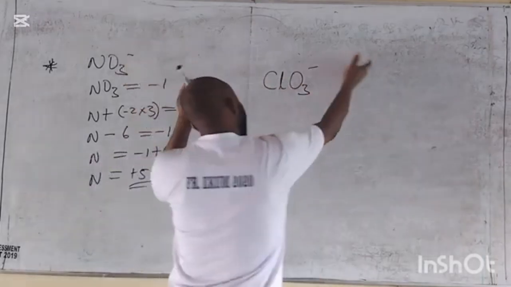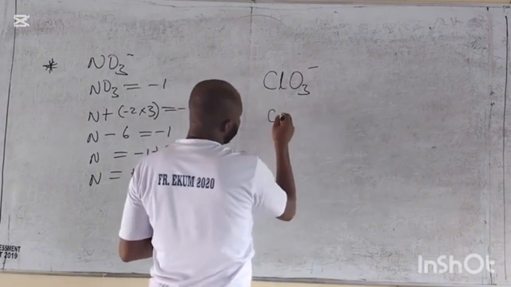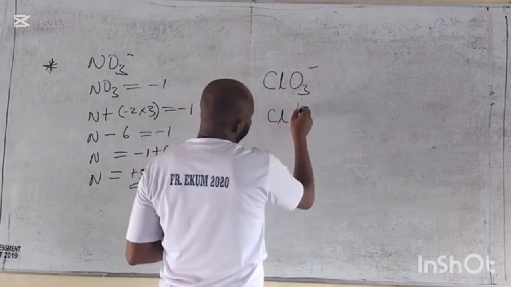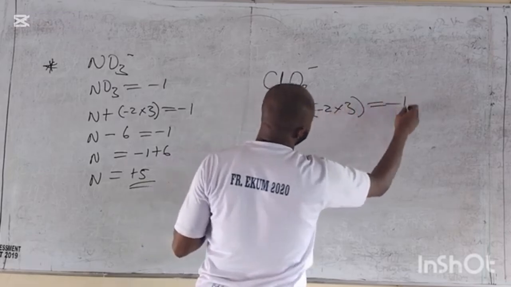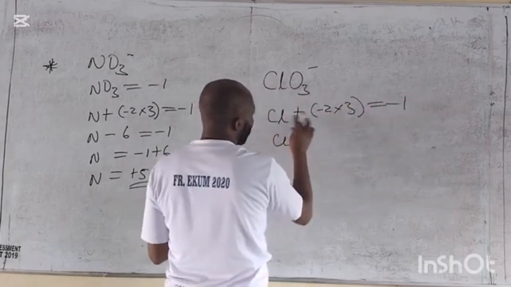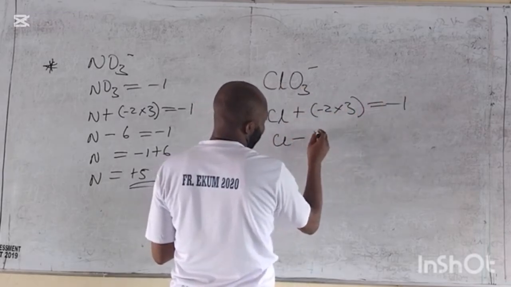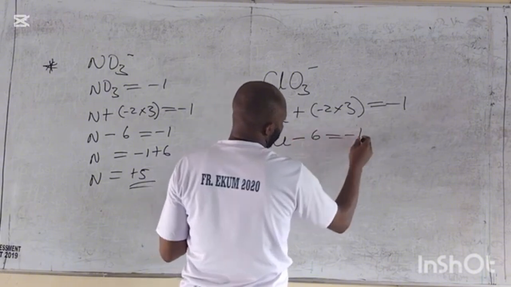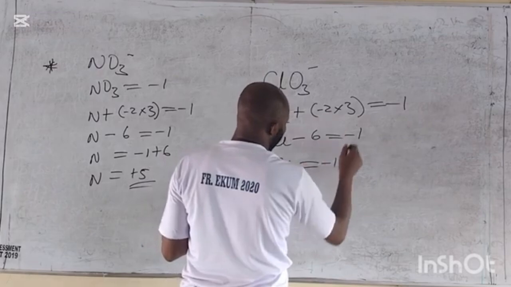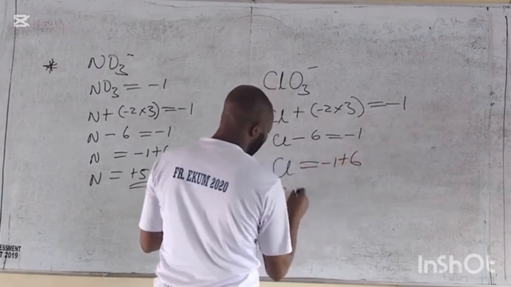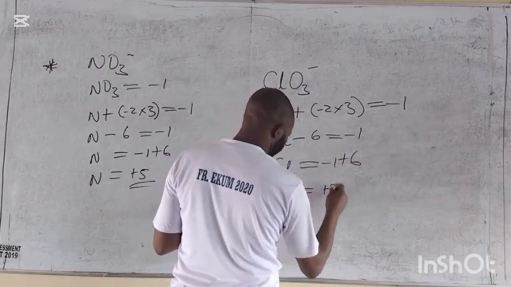So everything is equal to minus 1. So let's take it again. This is my chlorine plus minus 2 times 3 is equal to minus 1. Chlorine plus minus 2 times 3, which is 6, is minus 1. So chlorine is equal to minus 1 plus 6. Chlorine is equal to plus 5.